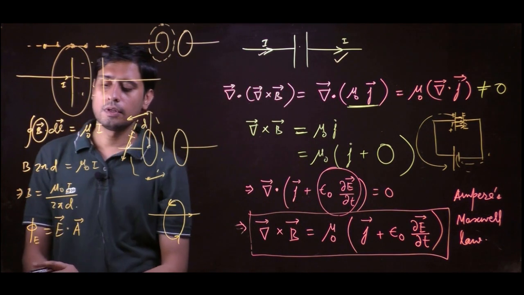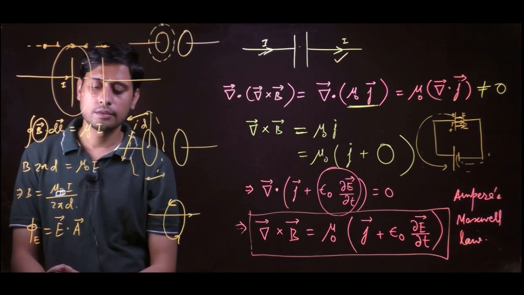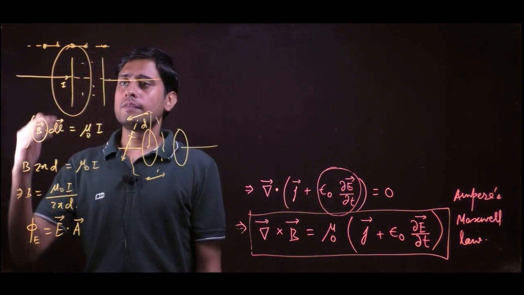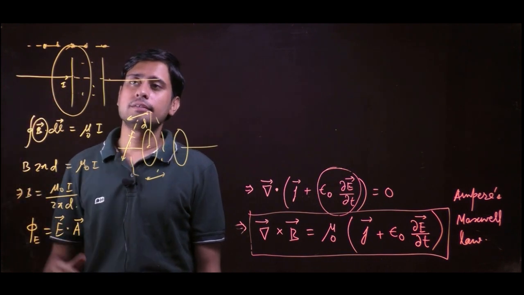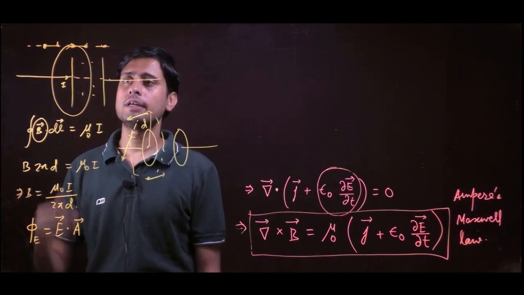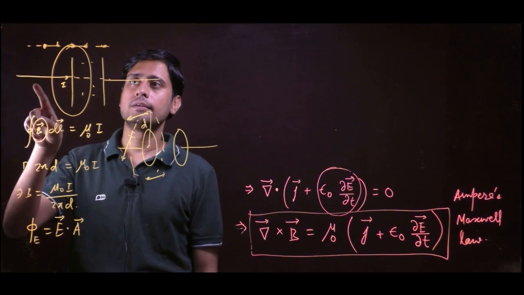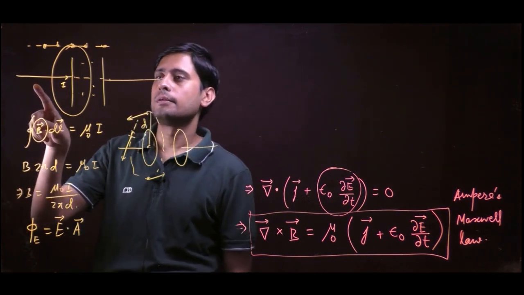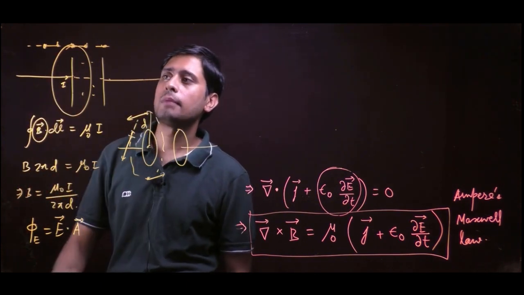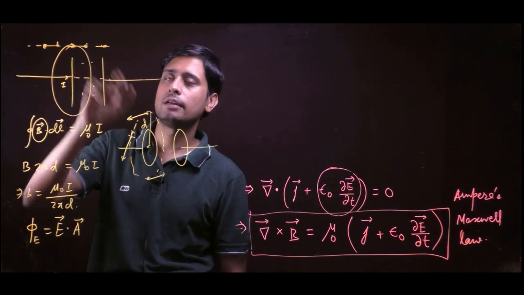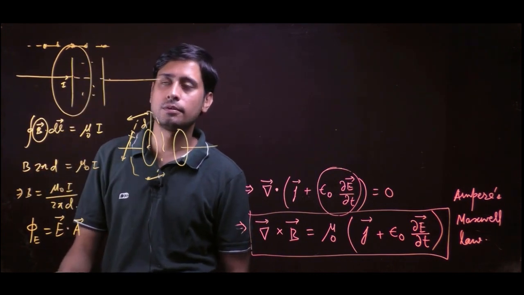So the electric flux is given by E dot A. Now, it was noticed that when the current changes here, there is a change in magnetic field, and there is also a change in magnetic field here.